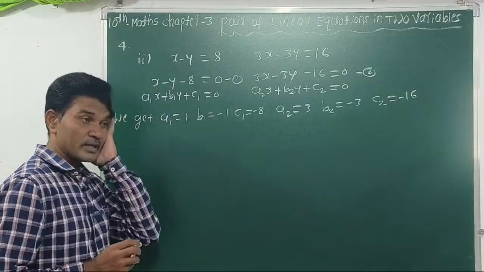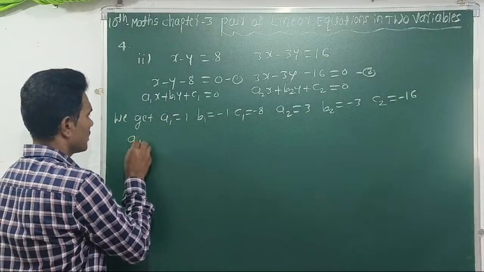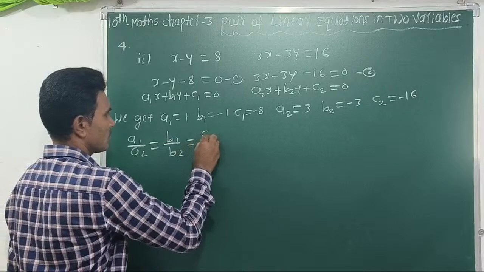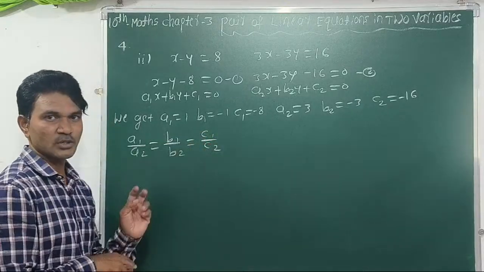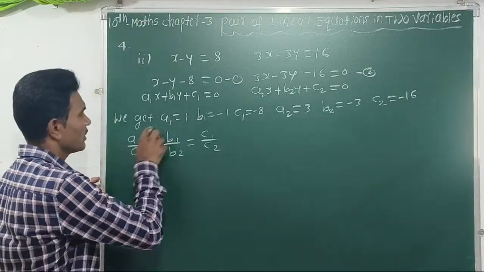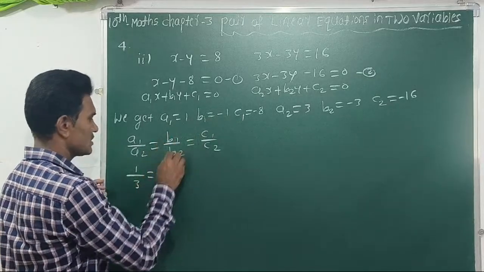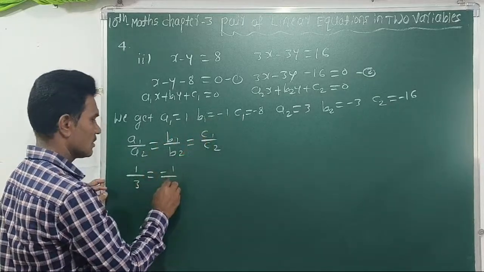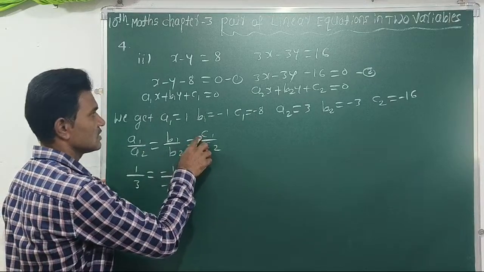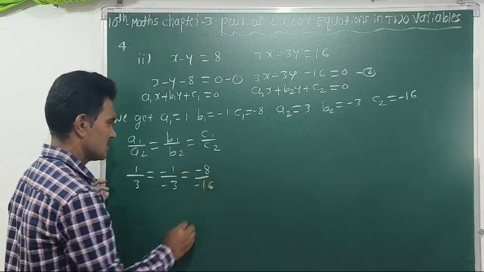Now we have to verify the ratios of coefficients, a1 upon a2, b1 upon b2, c1 upon c2. Put the values of a1, b1, c1 and a2, b2, c2. Then we have to simplify. a1 is 1, a2 is 3, b1 is minus 1, b2 is minus 3, c1 is minus 8, c2 is minus 16.